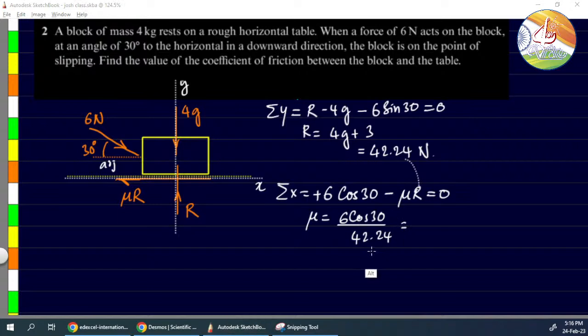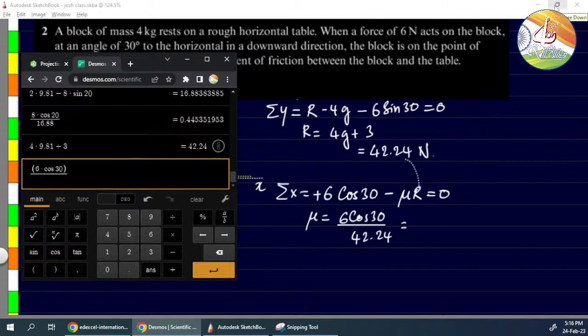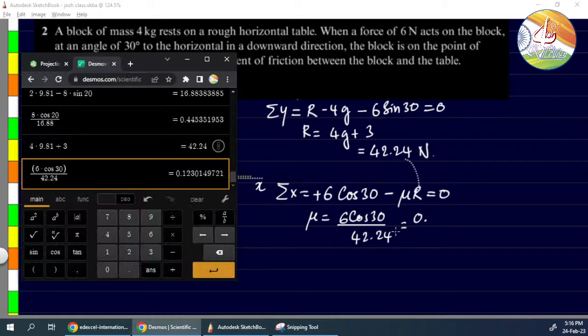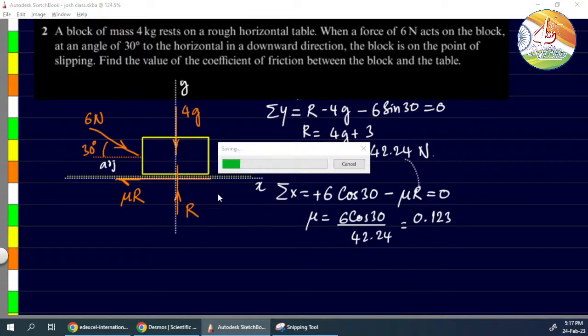What do we get? How much? Got it? 0.123.